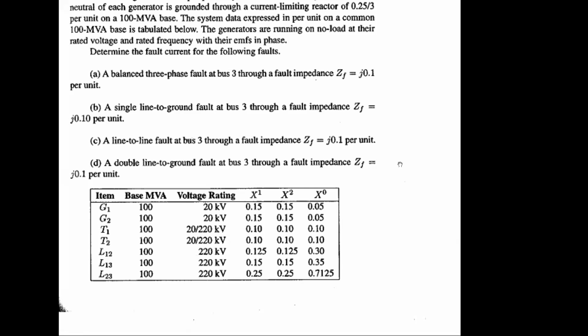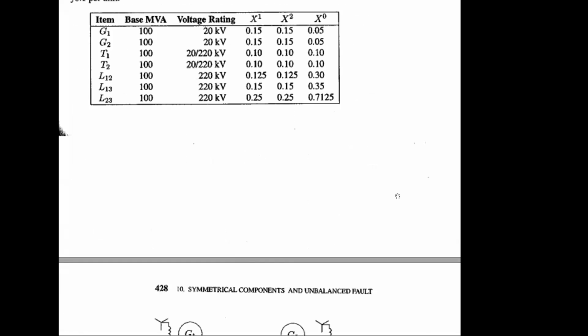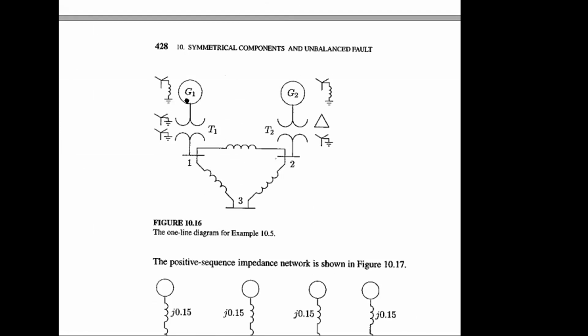So how can you generate the Z determination? When you want to determine Z, you have to use this table. Okay, this tabular information. And how can you put this table information? By replacing all the symbolic information like generator, transformer.